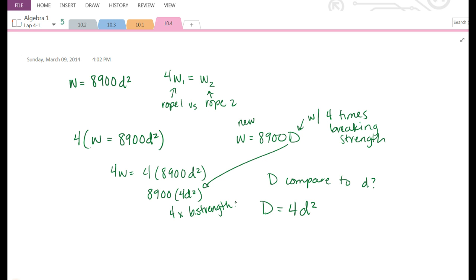I should say d squared, excuse me, I apologize. Big D is the new diameter. So when I'm solving, I take the square root and I have 4d squared, which gives me 2d. So I can see that my new diameter compared to my old is only twice as big. So it's no, because it's only 2 times as big.